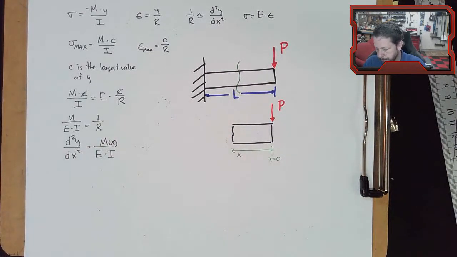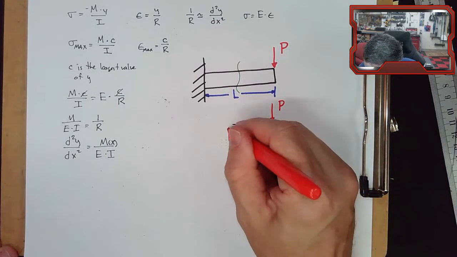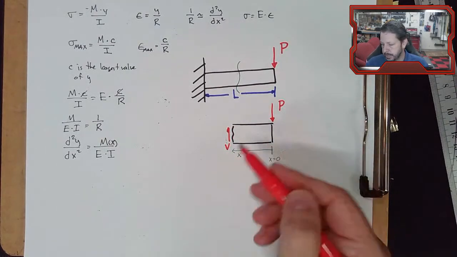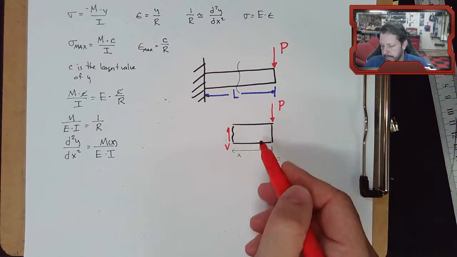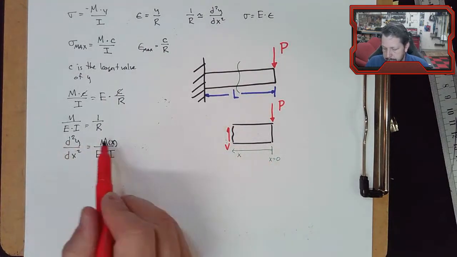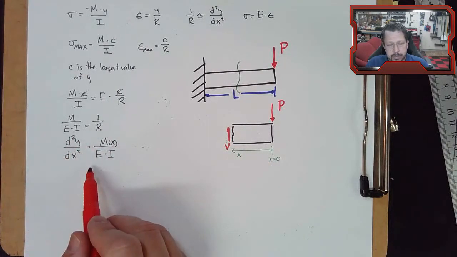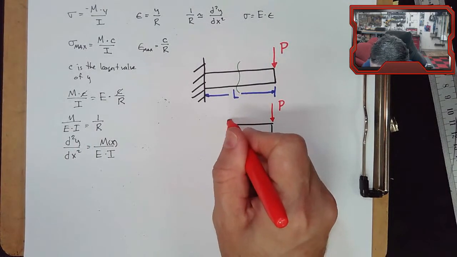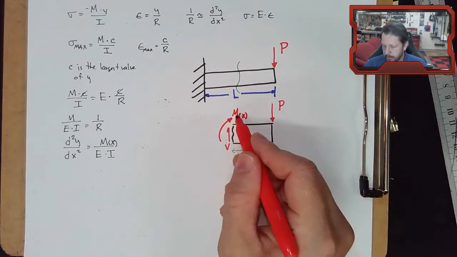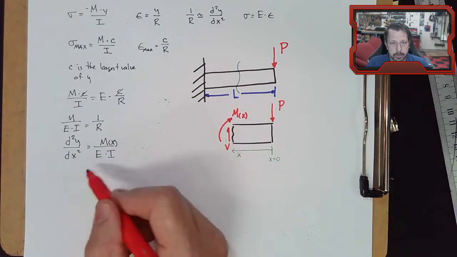Inside this beam, we have a shear that is a function of x, or it could be, in this case, shear just equals P if we did summation of forces in the y direction. The shear force doesn't have any bearing on this equation though, so I'm not going to worry with it. Here is M of x. That's the one that we want to put right here and do our integration.